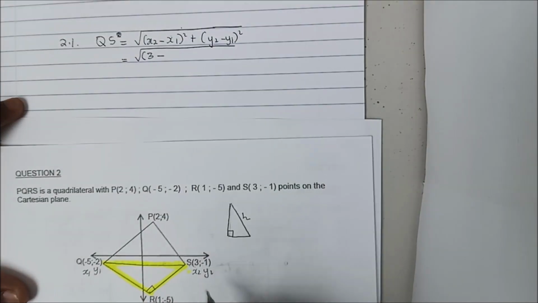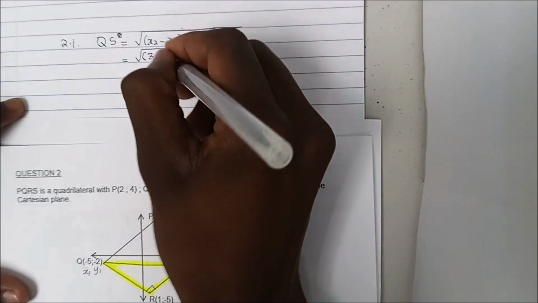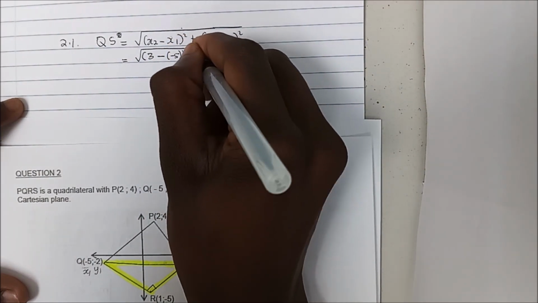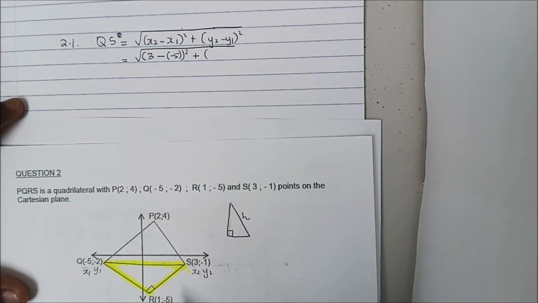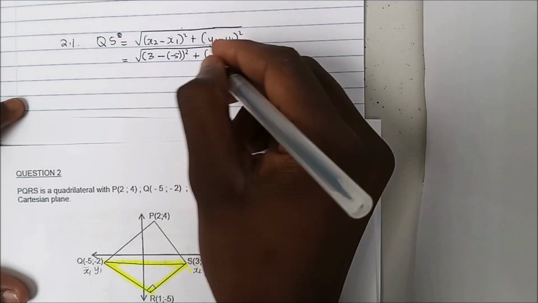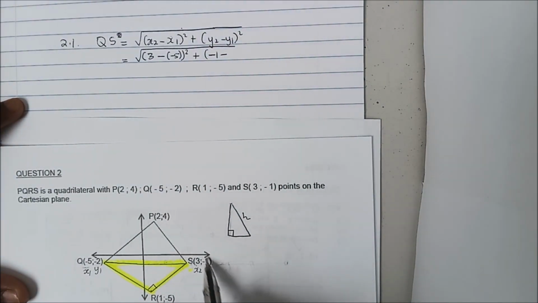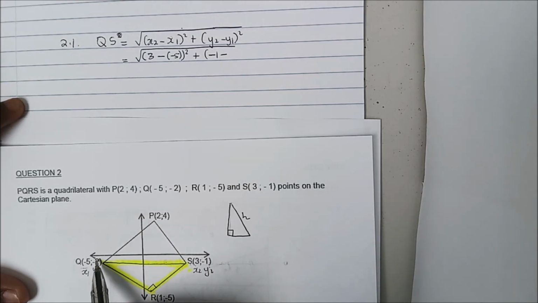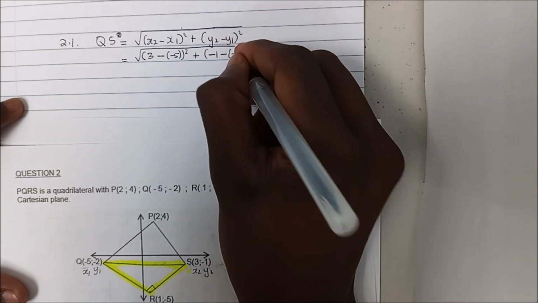Going to the naming, our x1 was -5. So we have minus -5 all squared plus, and then what is our y2? Our y2 is -1, so we have -1 minus, and y1 is -2, so minus -2 squared.